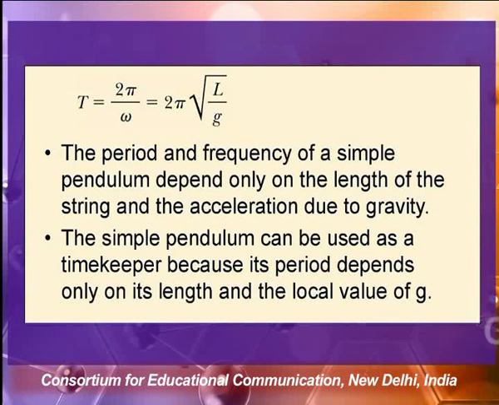So the period and frequency of a simple pendulum depend only on the length of the string and the acceleration due to gravity. And the simple pendulum can be used as a timekeeper because its period depends only on its length and the value of g.